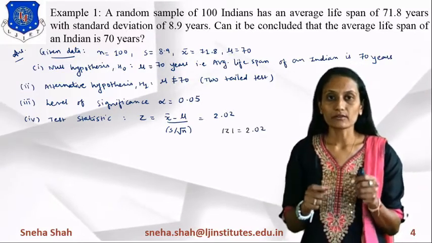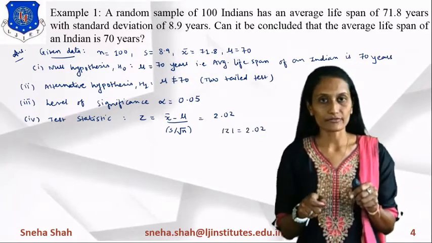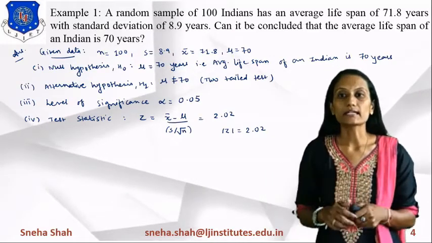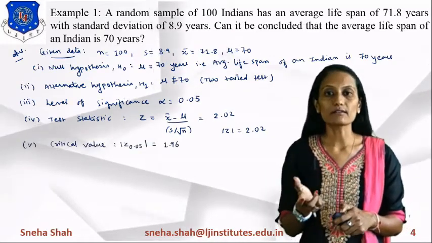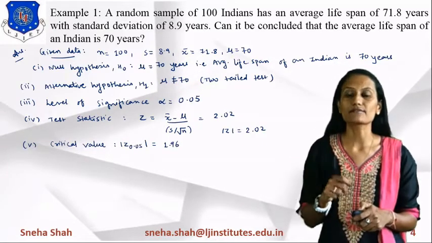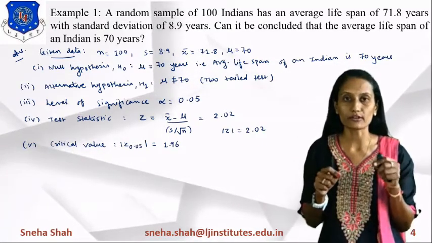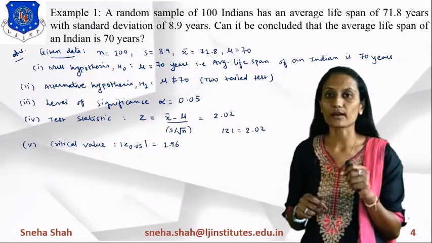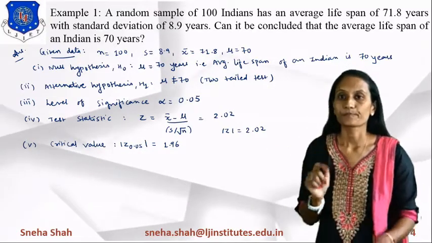Now if we find the value of mod z, then the answer equals 2.02 as it is. Now we'll find the critical value. The critical value is defined at the level of significance. So we'll find the value of mod z at 0.05, and its value equals 1.96.